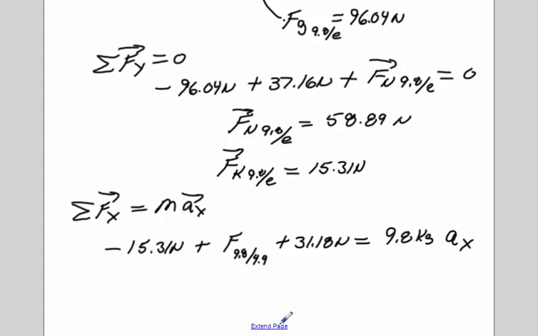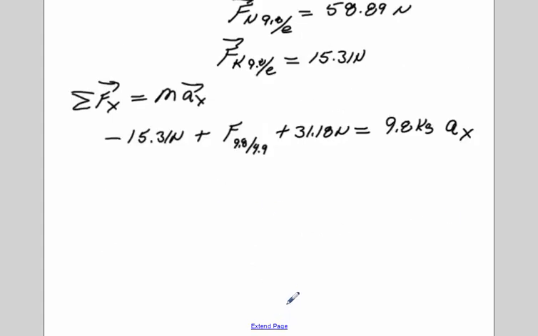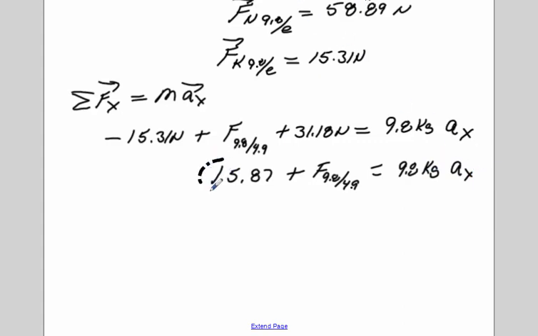Okay, we will simplify this equation. I got 31.18 minus my 15.31. That's going to give me a value of 15.87 plus the force of the 4.9 acting on the 9.8 to the right is equal to 9.8 kilograms times acceleration in the x. That's equation number 2.